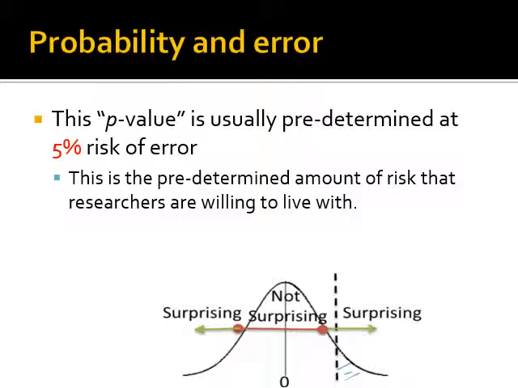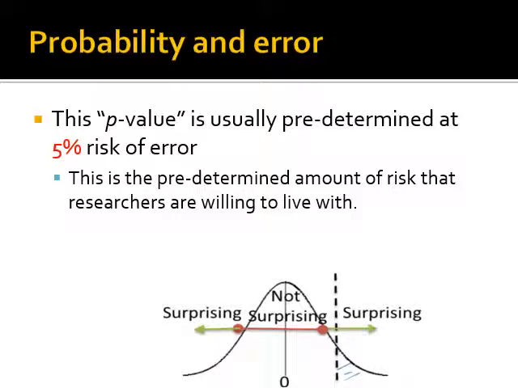This is a predetermined amount of risk that researchers are willing to live with. If you recall standard deviations, 95% of people would score between -2 to +2 standard deviations, and that 5% outside of that is what we are willing to live with.